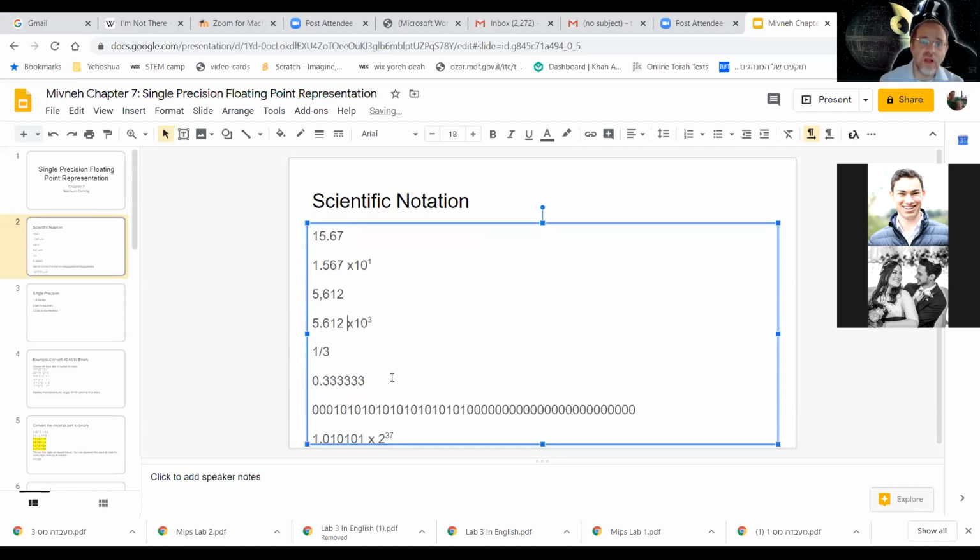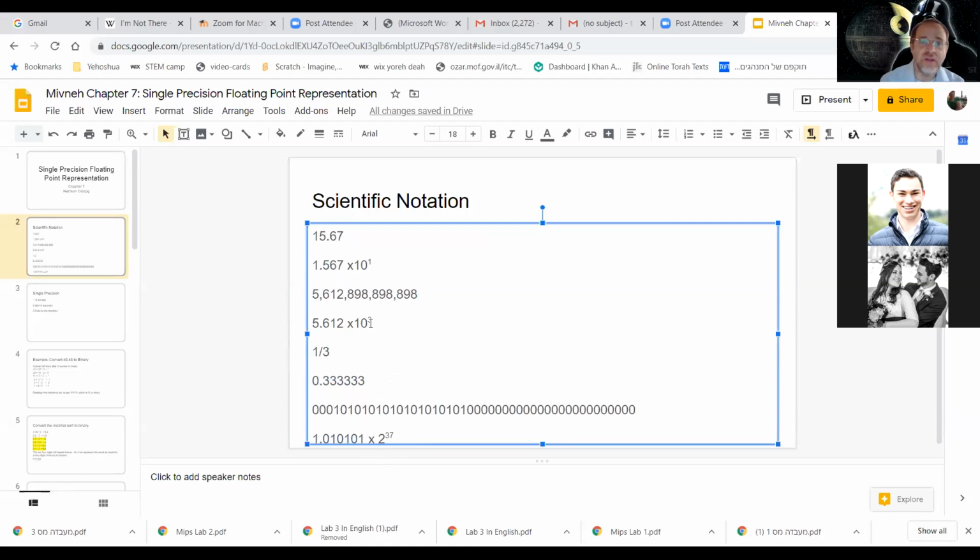Sometimes we have a very large number, like the distance from here to the sun, in kilometers or something, or in meters. So it'll be a very large number. I may end up having something like this, in which case I can represent it like that.